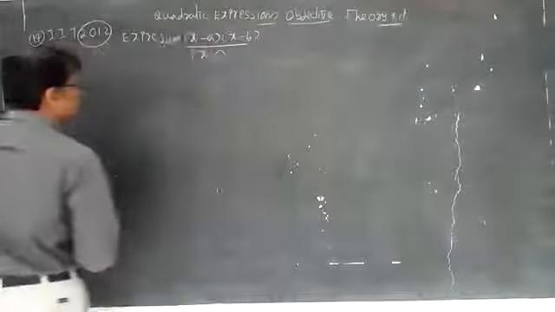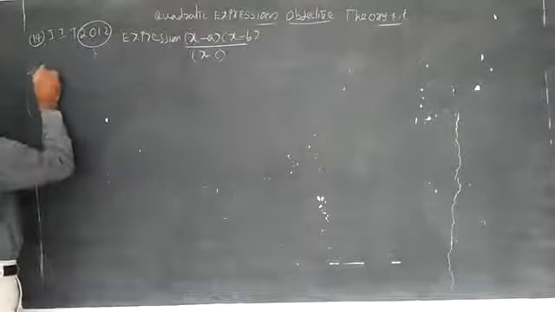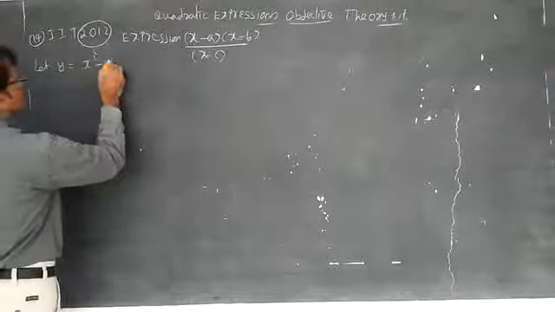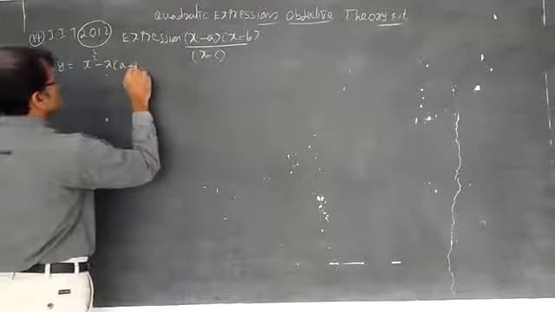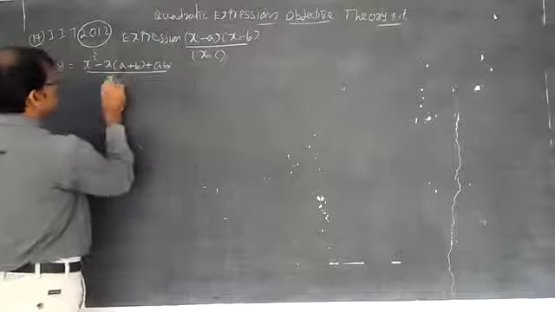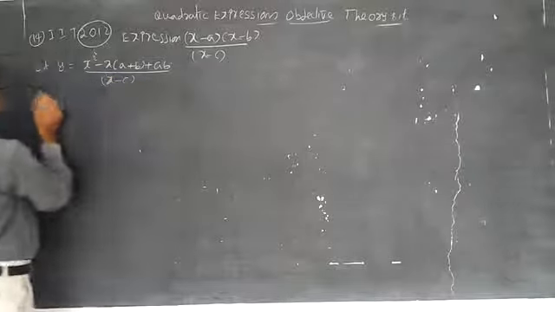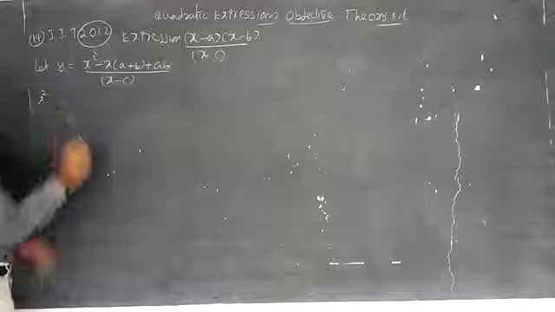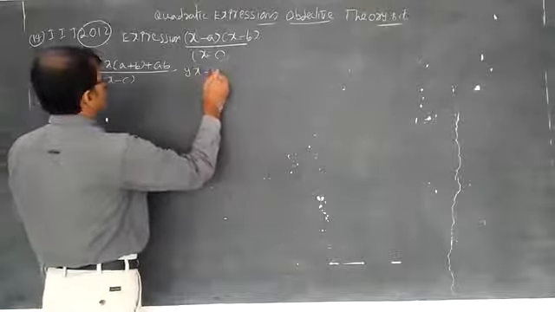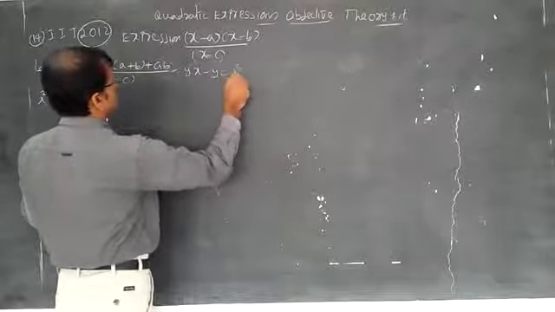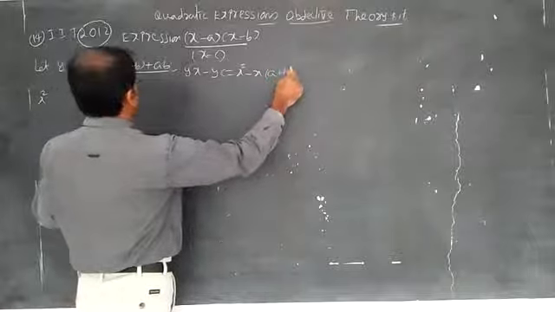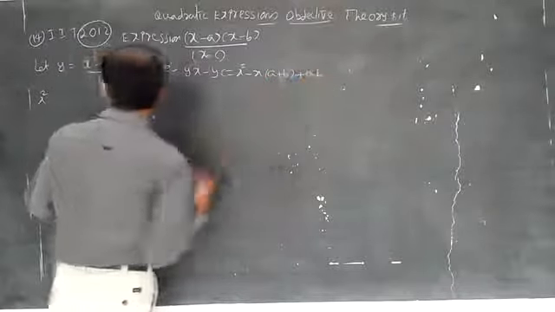You should do it in the long method. Let y is equal to x square minus x into (a plus b) plus ab, divided by x minus c. By taking cross multiplication, yx minus yc is equal to x square minus x into (a plus b) plus ab.